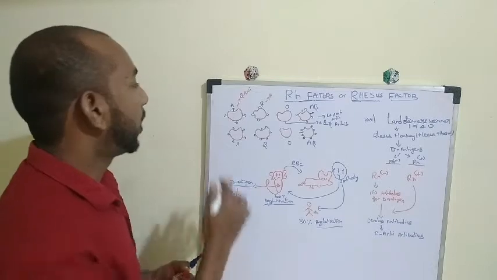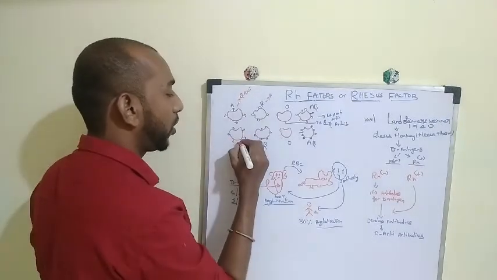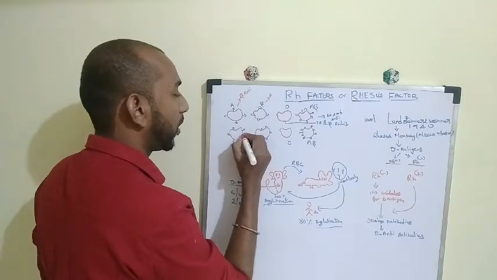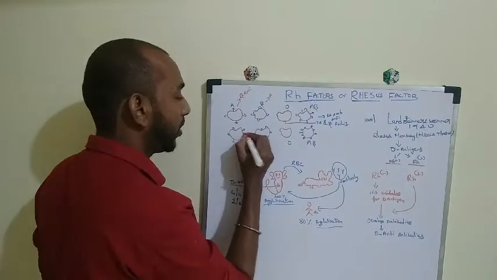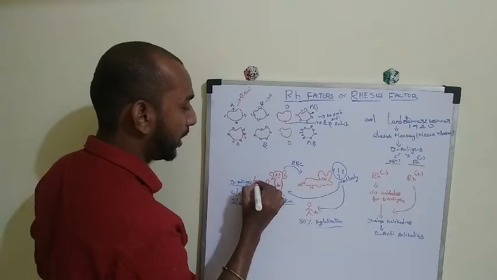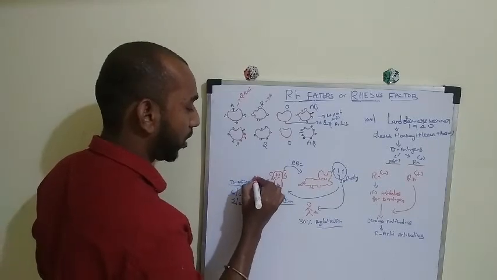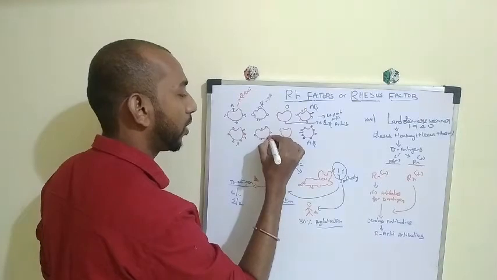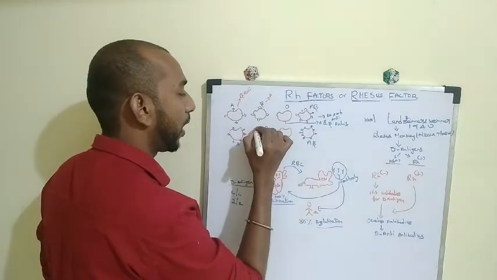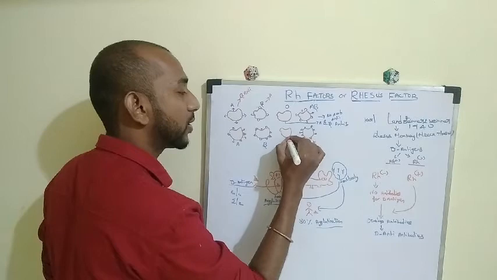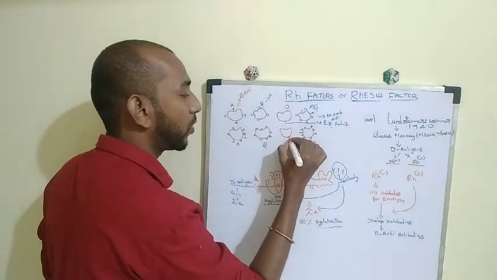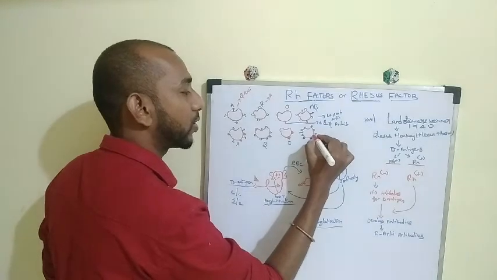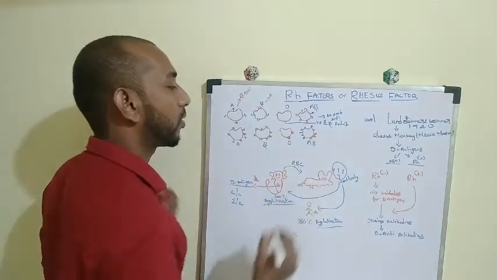Say for example, here this particular A blood group has this antigen. What is this antigen? This antigen is the D antigen, okay. Likewise the B blood group has this D antigen. Likewise here the O blood group also has this D antigen on the surface of the red blood cells.